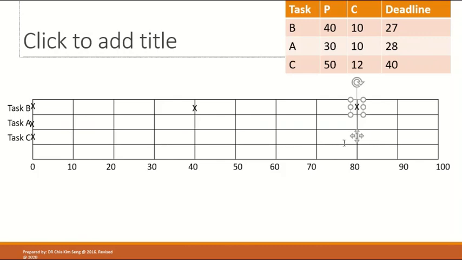Next, our task A, 30, so it should be here. Between this mark, we're going to run at least once. 60 and 90. Task C, 50.